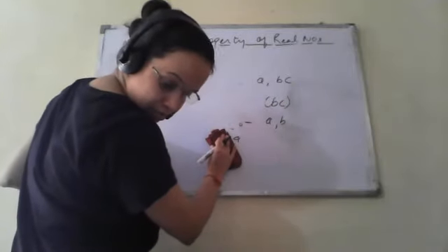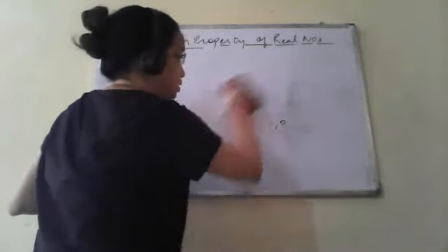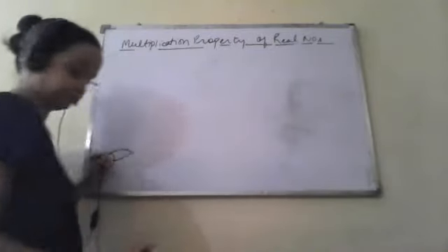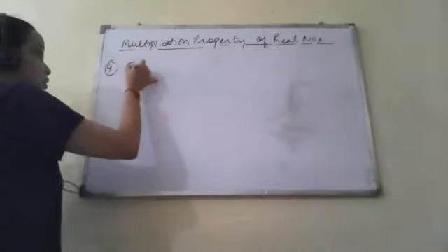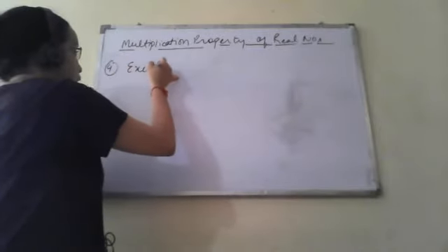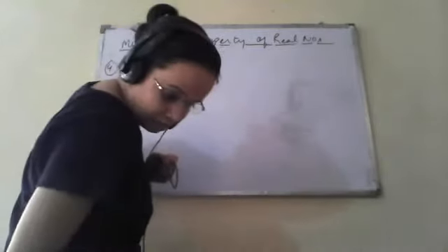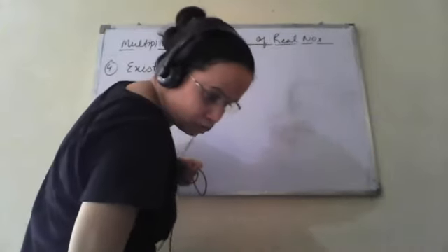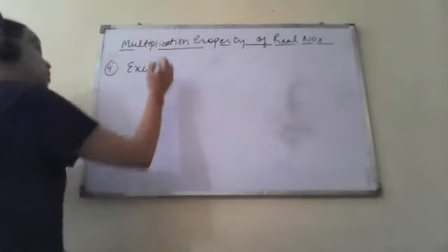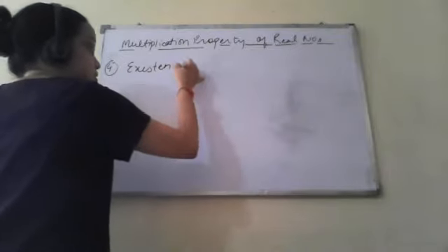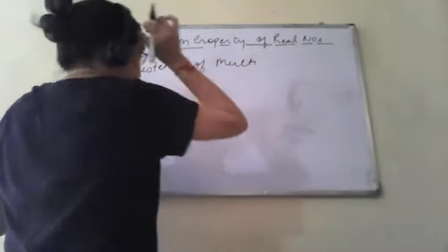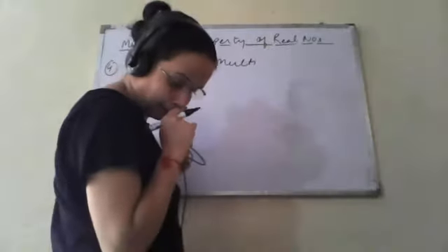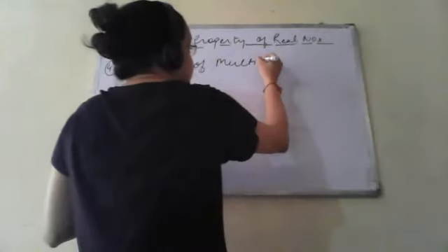And the fourth is existence of multiplicative identity. Here we have distribution law also, we'll study it later.